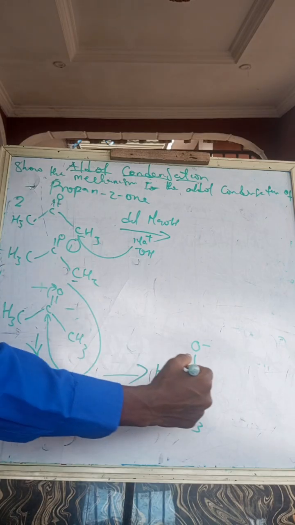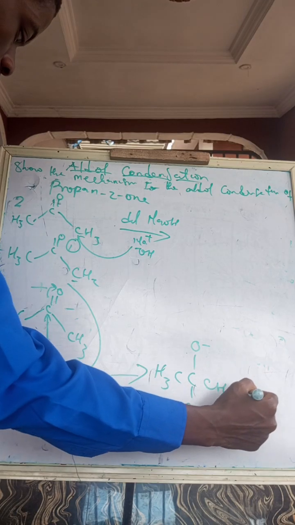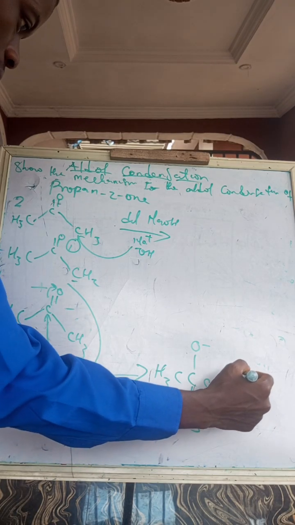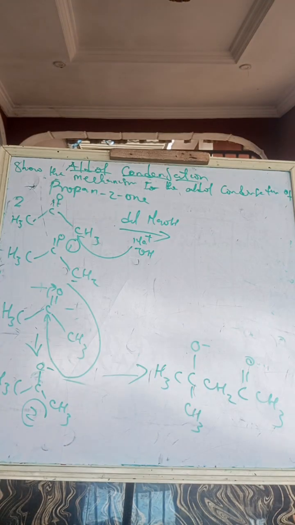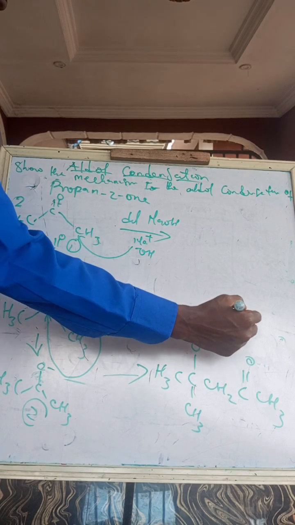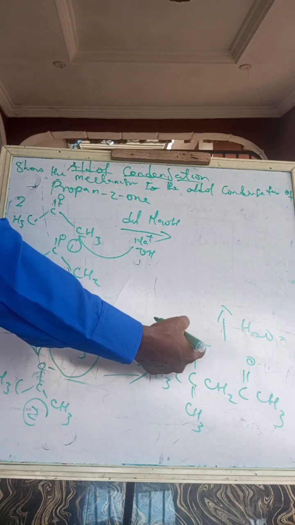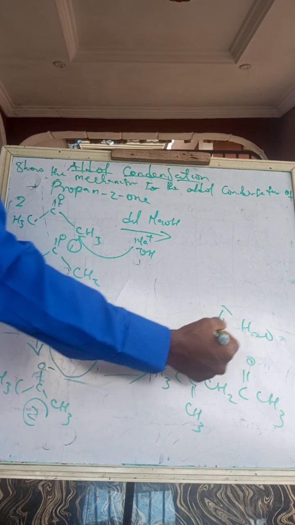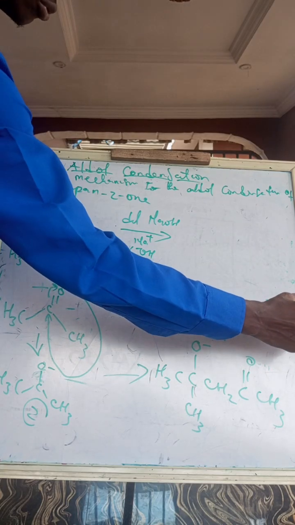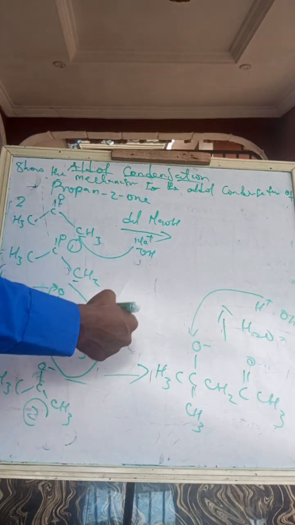So when we add both together, we have this, and this CH2, C. We can see we successfully added both of them together. The next thing is to introduce our water molecule, H2O. The O negative here is erased, and H plus comes in. We have H plus and OH minus.